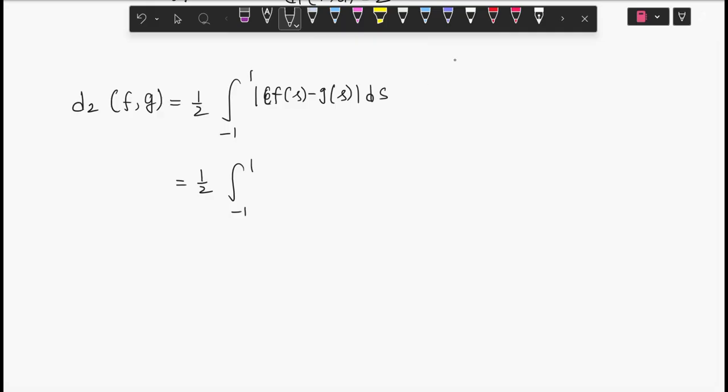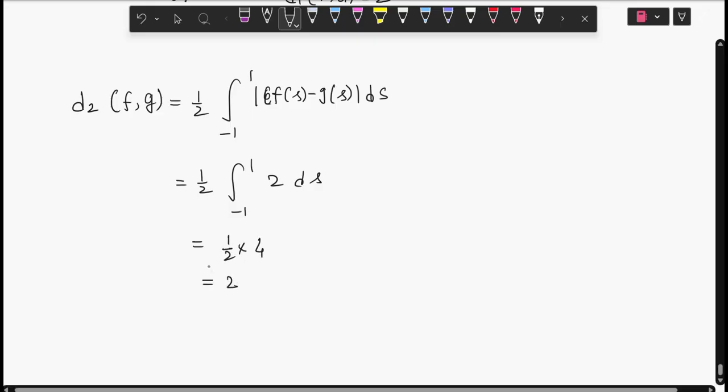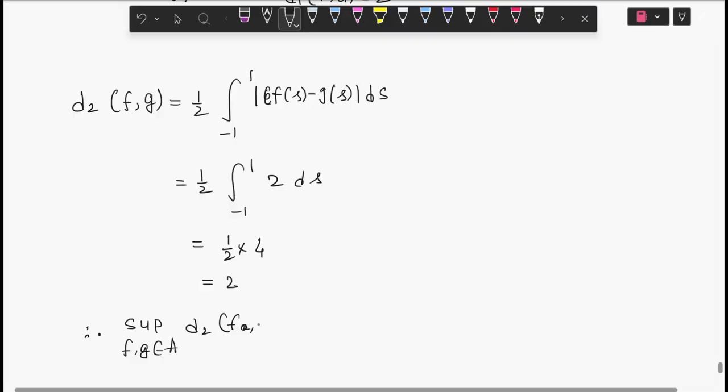I took fs as the constant function 1 and gs as the constant function -1. This is equal to 2 ds. This is equal to 1 by 2 into 4, which is equal to 2, and hence supremum of fg belongs to A, d2 of fg is less or equals to 2.